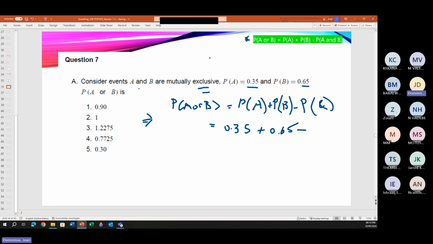They tell us events A and B are mutually exclusive. So if it's mutually exclusive, the A and B is equal to 0. So then my probability of A or B is equal to 1, okay, which is option 2. Very rarely that we get something like this. But again, you could have said definitely not option 3 because we can't get a probability more than 1.